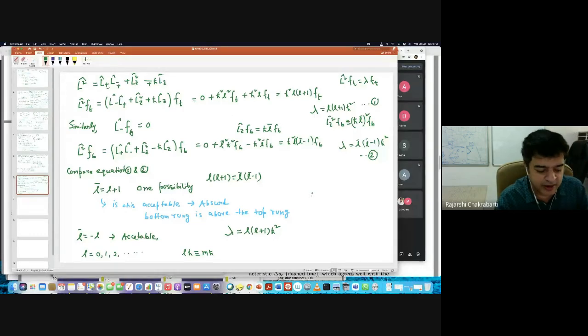So in other words, when L square operates on F, which is given by L and M, I'm going to get L into L plus 1 H cross square into F L M. Similarly, when I operate Lz on F L M, I get M H cross F L M.